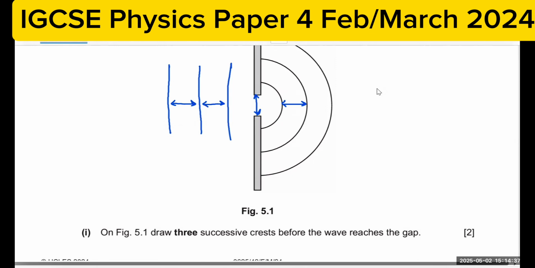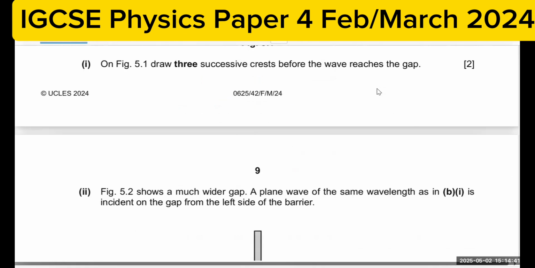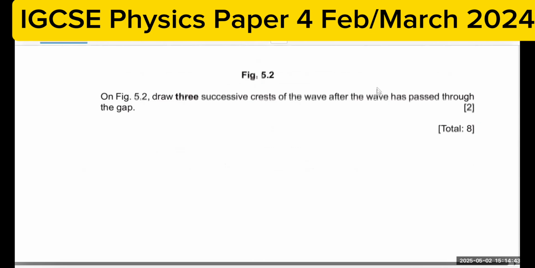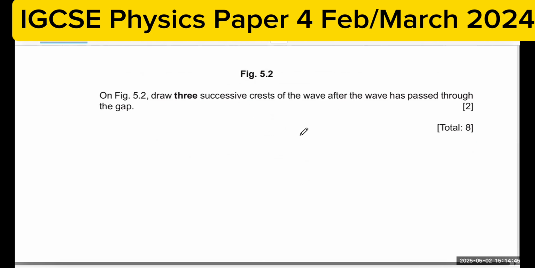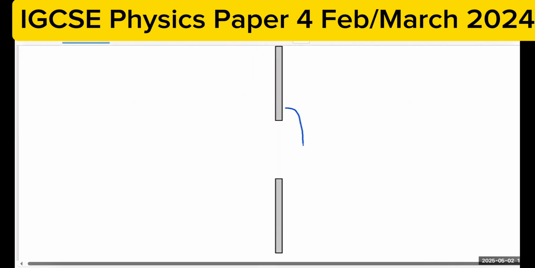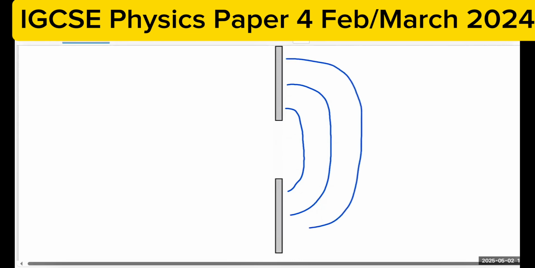So it means when they increase the gap to more than the wavelength, the diffraction will decrease. So draw three successive crests after the wave passes through the gap, like this, because the gap is too wide, so the diffraction will decrease.